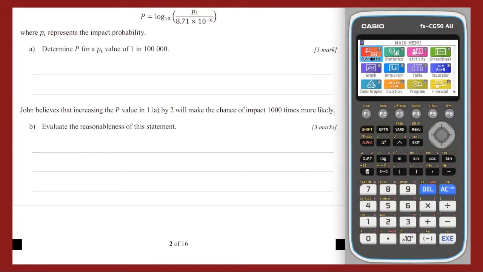Question 11. This question involves working with the logarithmic relationship. Part A. We need to determine p given a probability of 1 in 100,000 or 0.0001.